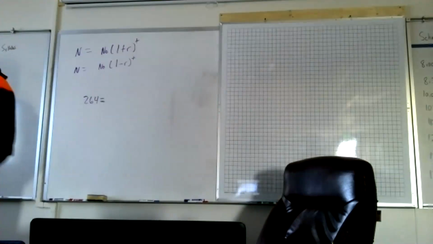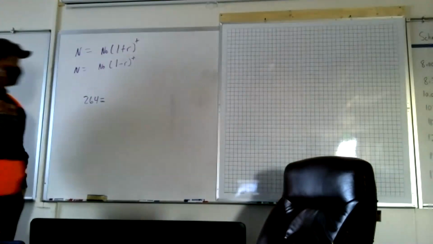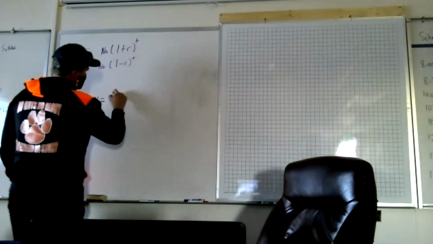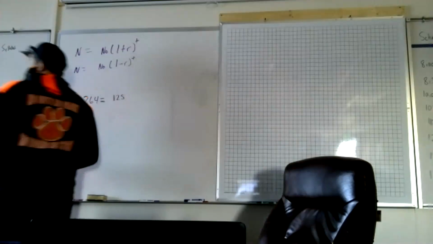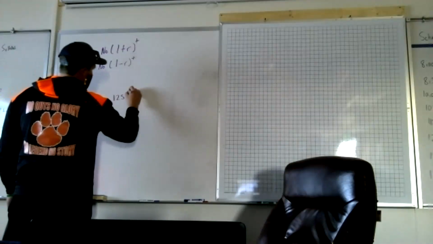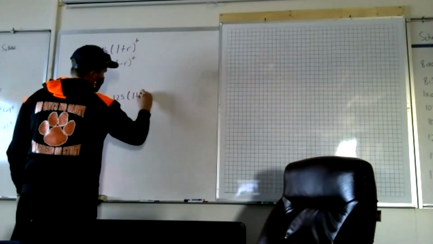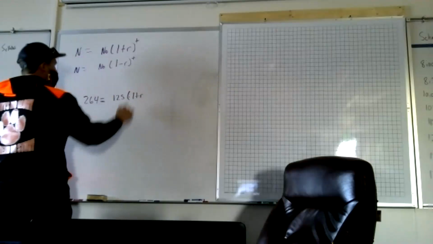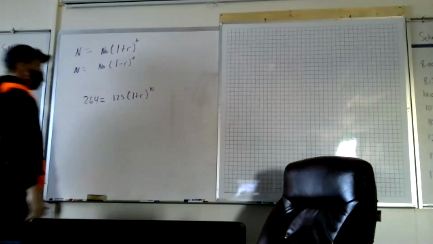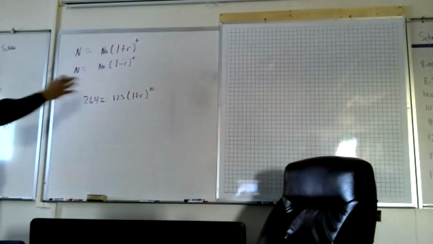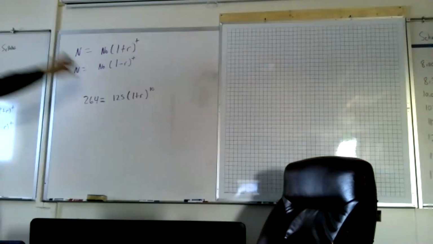So 264 is going to be equal to N. The amount of deer in 2000 was 125. Then I still have my 1 plus r, and remember, I'm trying to solve for r. I'm going to carry that to the 10th power. And I have this equation, and I'm trying to solve it for r.